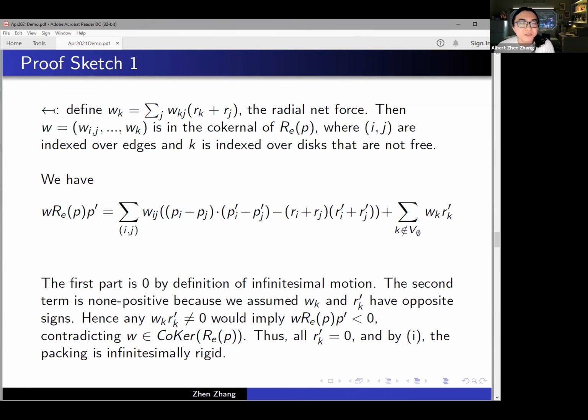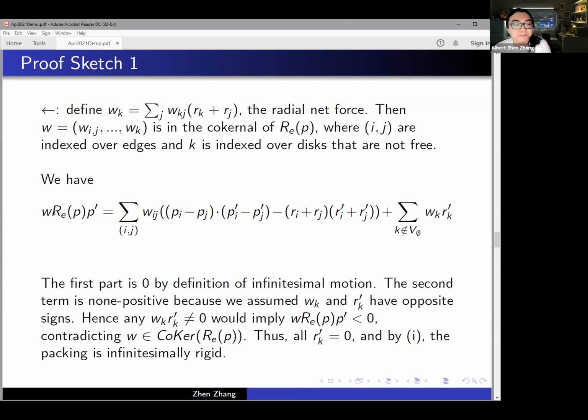So for the if direction, if we can find the stress with the correct sign, then we can define omega_k to be the radial net force, basically the inward-outward force sum for each vertex. Then the omega vector that consists of omega_ij, where ij's are indexed over edges, and omega_k, where k is indexed over disks that are not free, will be in the co-kernel, because that's basically how our co-kernel is defined.